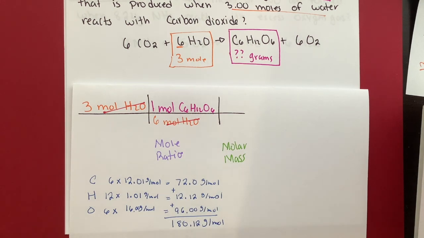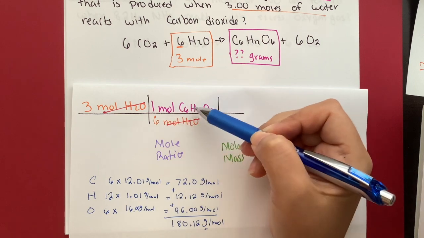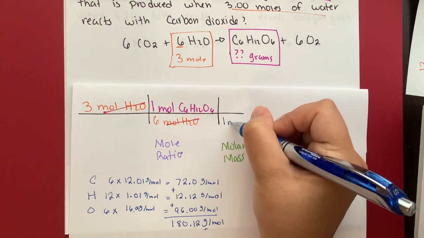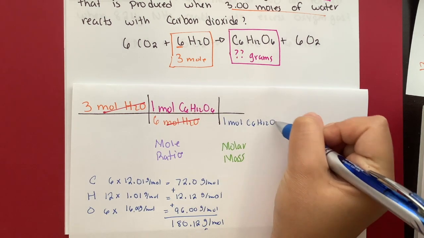So now I'm going to put this number. This tells me how many grams 1 mole of glucose weighs. Since I have moles here in the top, moles of glucose, in the bottom I'm going to put 1 mole of C6H12O6.